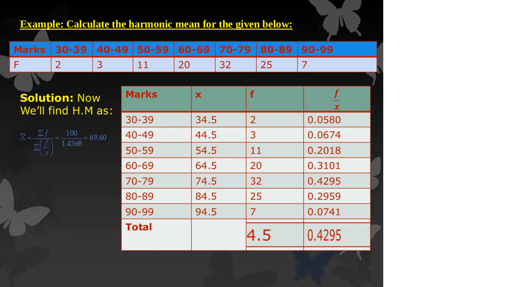Under the CF, for the first class, 29.5 to 39.5, we have 2. Then for the second, we have 2 plus 3, that is 5, for 39.5 to 49.5. Then for 49.5 to 59.5, we have 11 plus 5, which gives us 16.